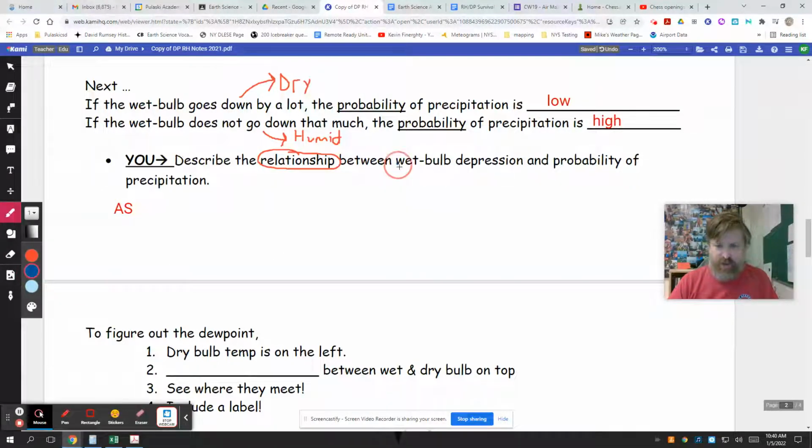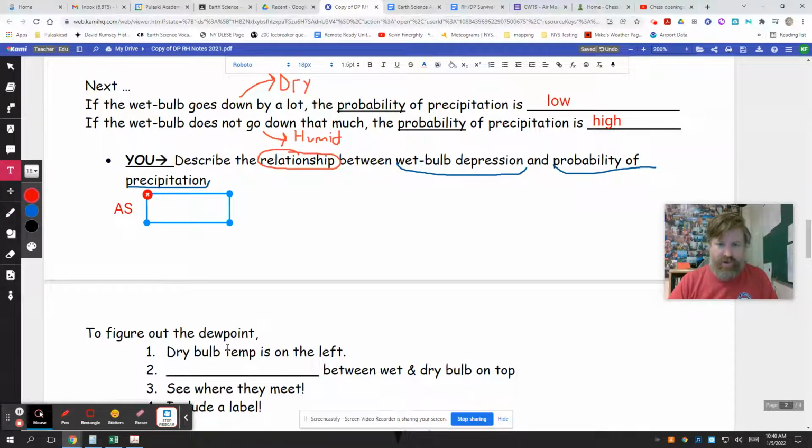In this case, they want us to compare wet bulb depression to the probability of precipitation. So, as wet bulb depression, then you would have a choice here. You could either say increases or decreases. The first two classes today said increases. It's answerable both ways, but pick one and then we'll answer the question.